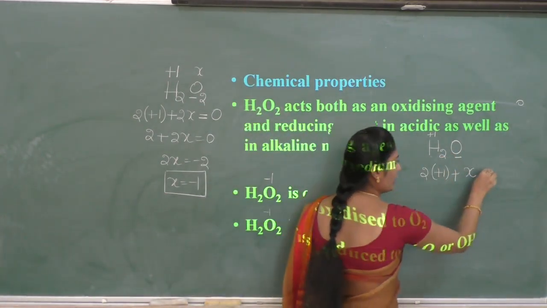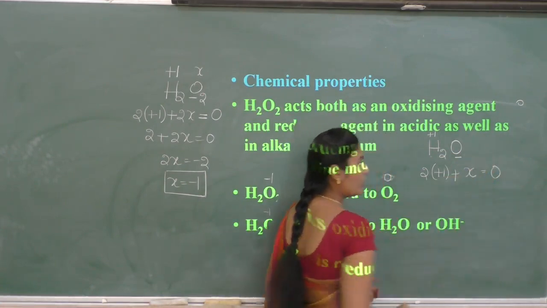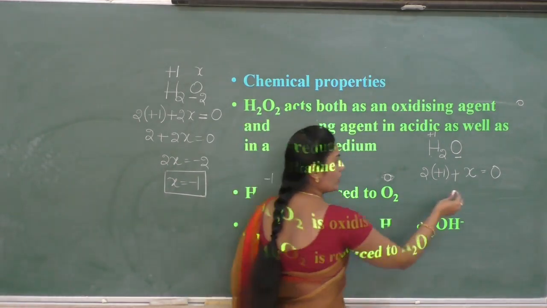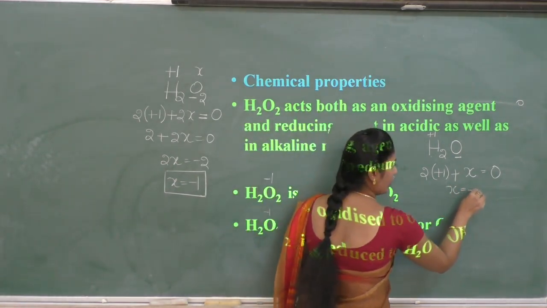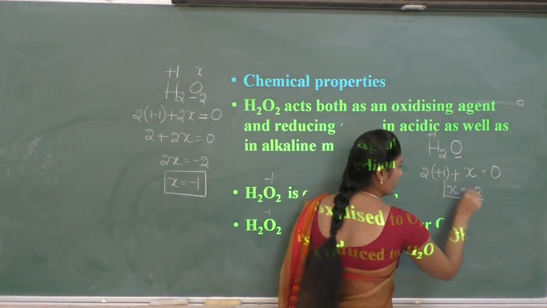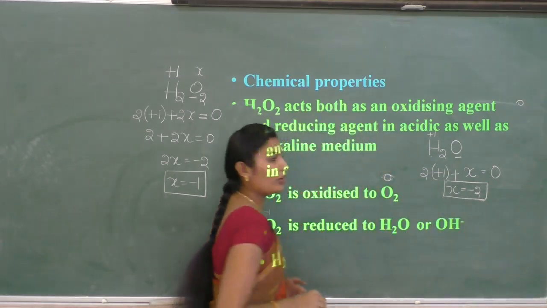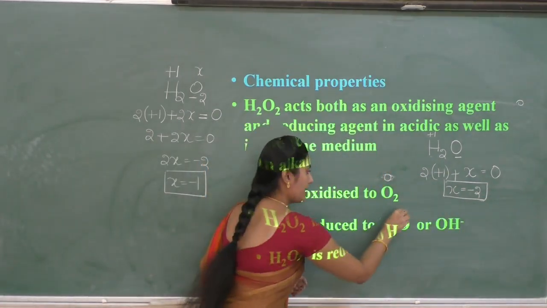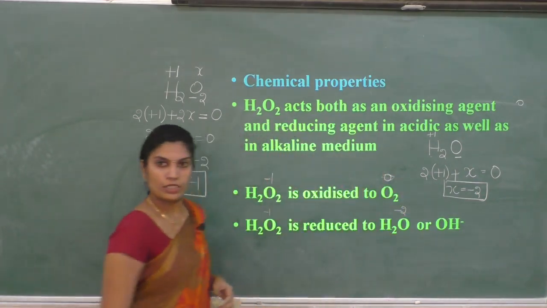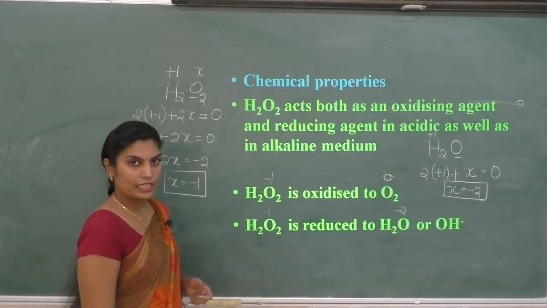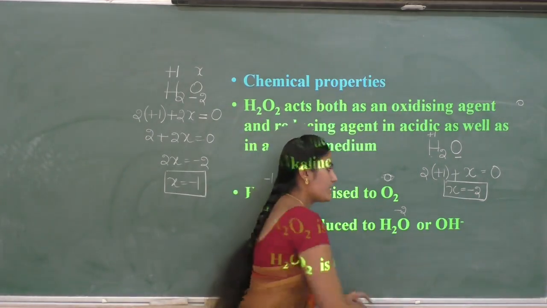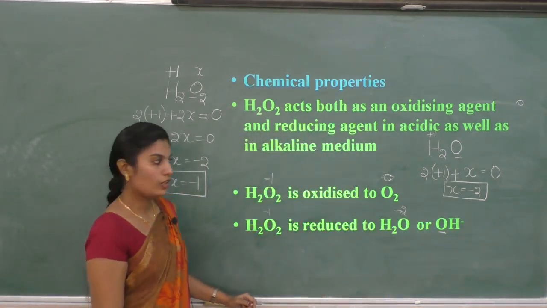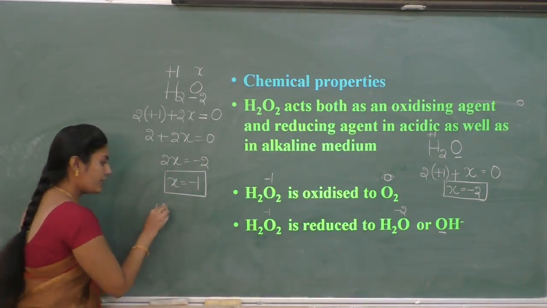It is equal to 0 because the charge on the molecule is 0. Then what is the value of x? x is equal to -2. Therefore the oxidation state of oxygen in the water molecule is -2. Clear?